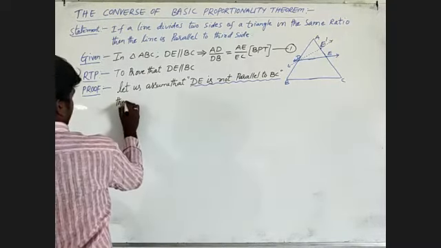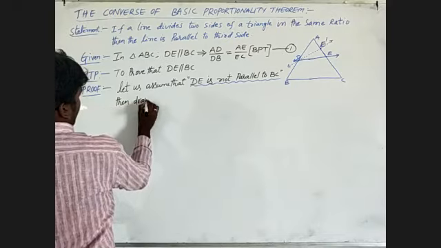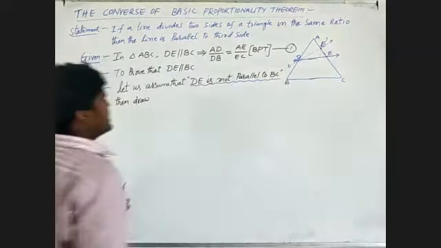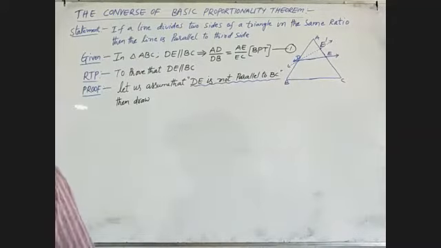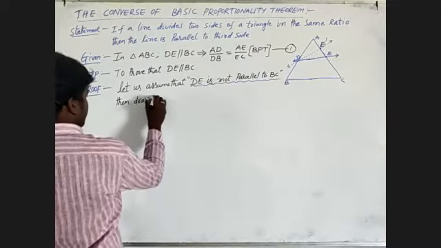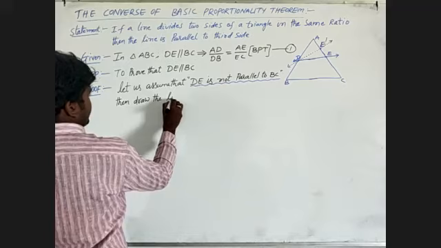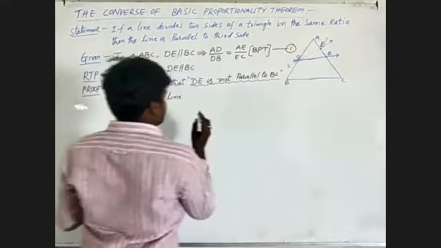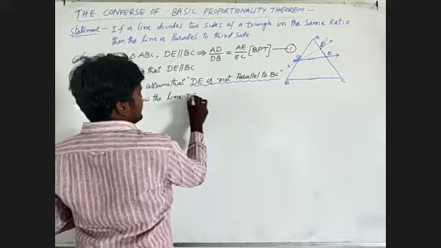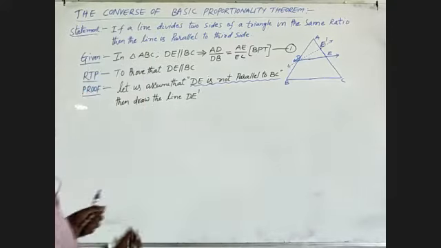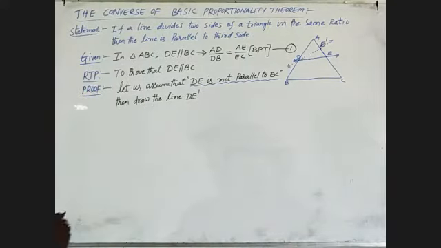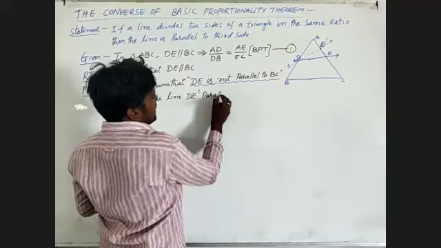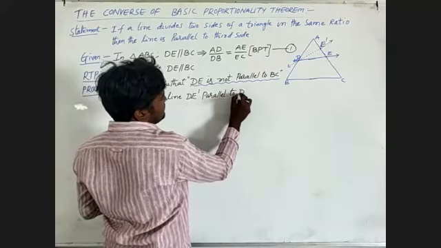Then draw. Already we will draw. D is extended with E dash. Then draw the line. What is the given line? DE dash. Then the given line DE dash is parallel to DE.